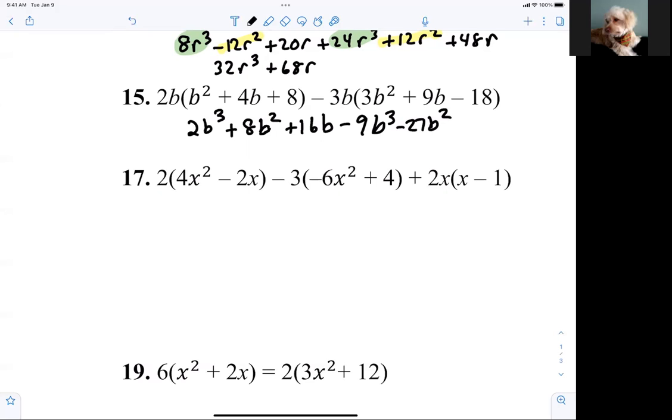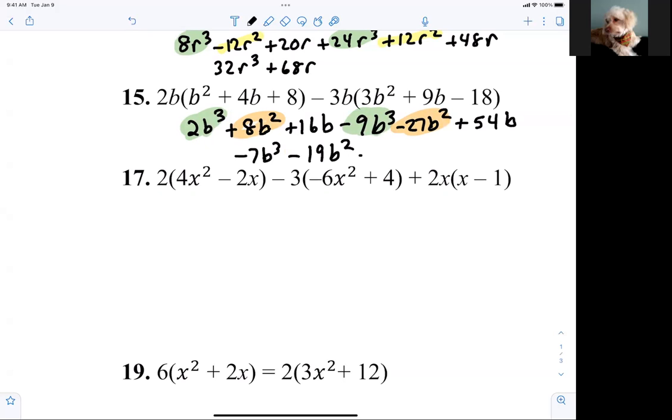What's 3 times 18? 54. Wow, good. 54 what? Plus 54b squared. Why b squared? Oh, just b. Now you have to do 2b minus, so negative 7b cubed, good. 8b squared minus 27b squared is negative 19b squared, good job, buddy.